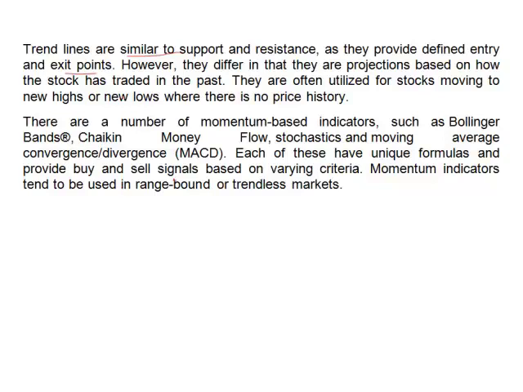There are other momentum-based indicators such as Bollinger Bands, money flow, stochastic, and moving average convergence and divergence. Each of these has unique formulas and provides signals based on varying criteria. Momentum indicators tend to use a range of bands in a trendless market.